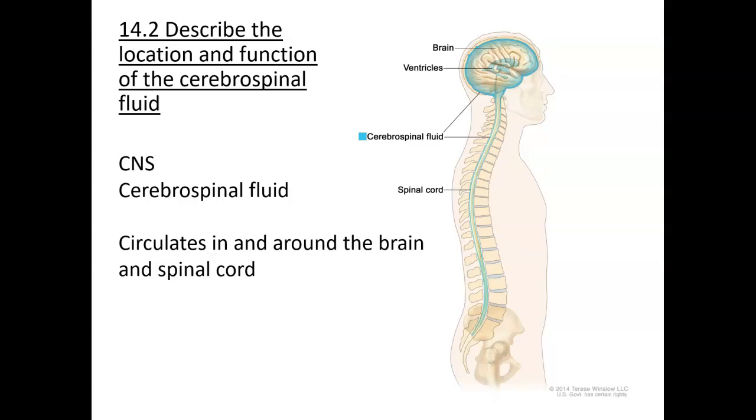And so what that does is it provides another layer of protection. The cerebrospinal fluid has nutrients in it. It carries away wastes. It can balance the pH. It's got some cells in it that help fight infections. So there's all sorts of protective functions that the cerebrospinal fluid is providing.